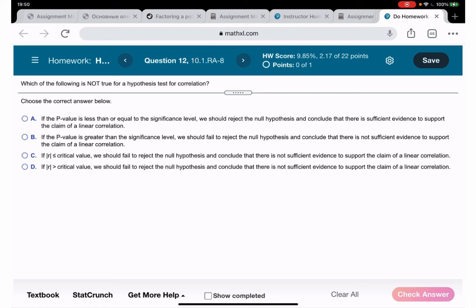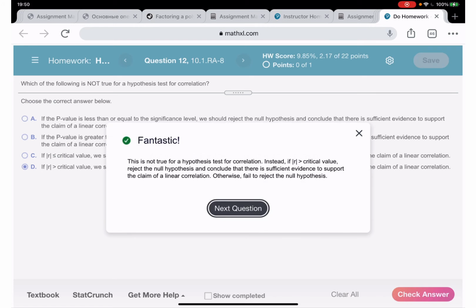Let's see what it is. If r is greater than the critical value, we should fail to reject the null hypothesis. That is just not true. If it's greater than the critical value, then we reject the null hypothesis. Fantastic. Okay, question number 13.